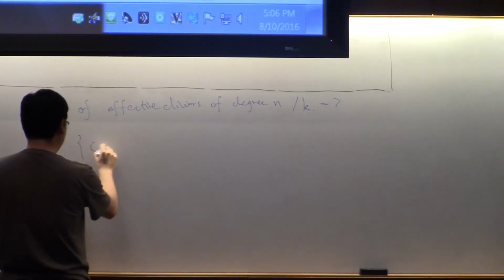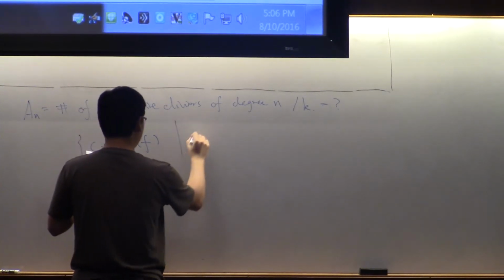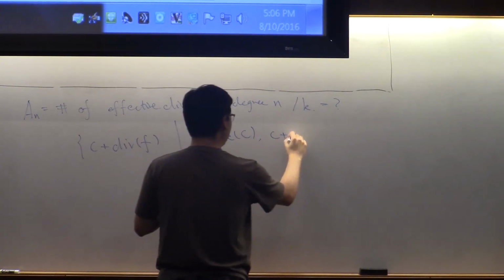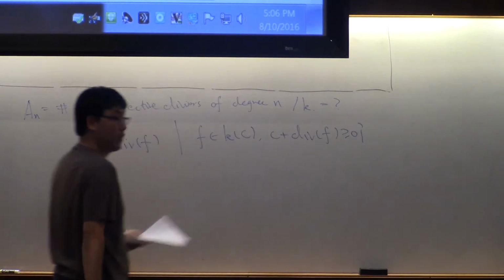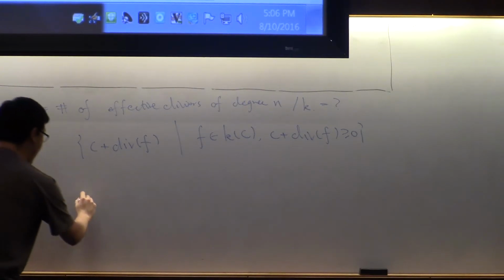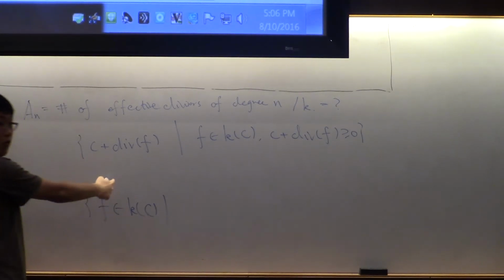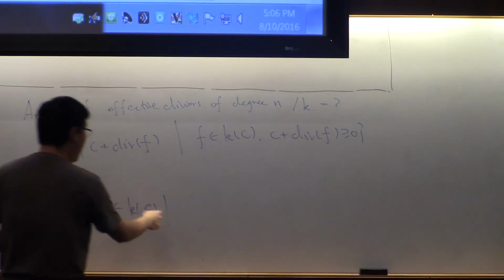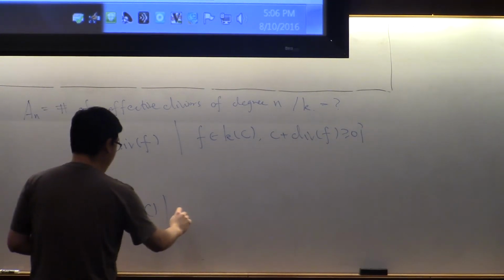So now let's consider the case. Here, I consider all the divisors, but on the other hand, I can consider all the possible rational functions which may appear in this sense. So what kind of condition should these functions satisfy?